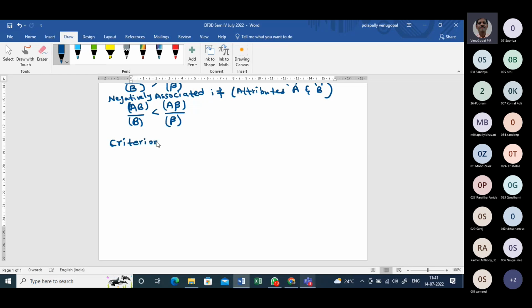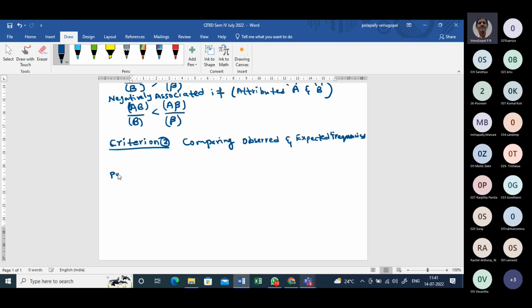Criterion 2. What is criterion 2? You are comparing observed and expected frequencies.